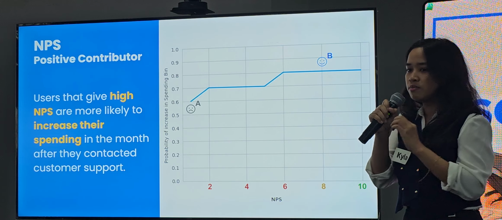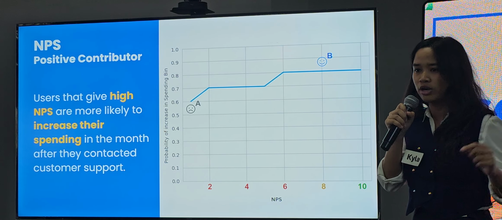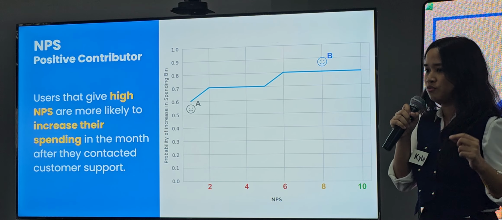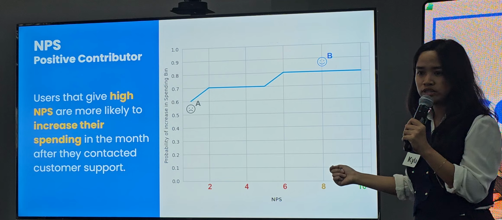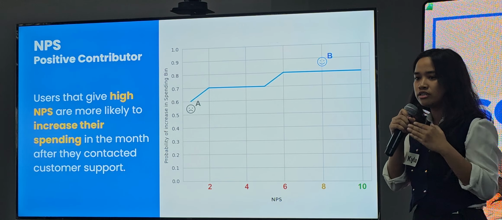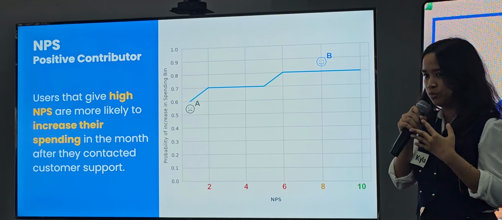So user B automatically gets a 20% increase in their likeliness to spend more the month after they answer the survey. What this shows is users that give high Net Promoter Scores are more likely to increase their spending the month after they contacted customer support.